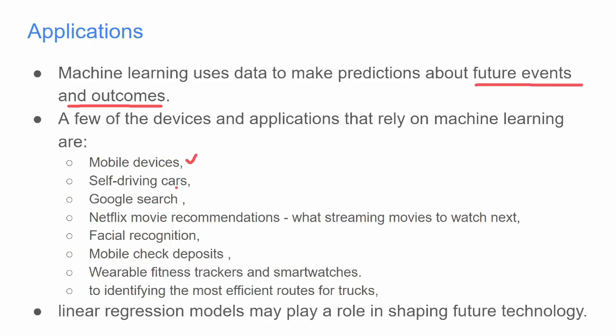Self-driving cars are a good example. The Google search engine uses machine learning algorithms to show the best recommended websites. Netflix movie recommendations use machine learning algorithms, deciding what movie you should watch next once you have finished one.